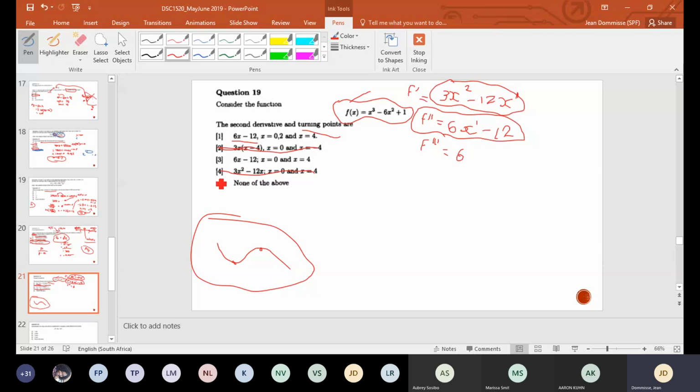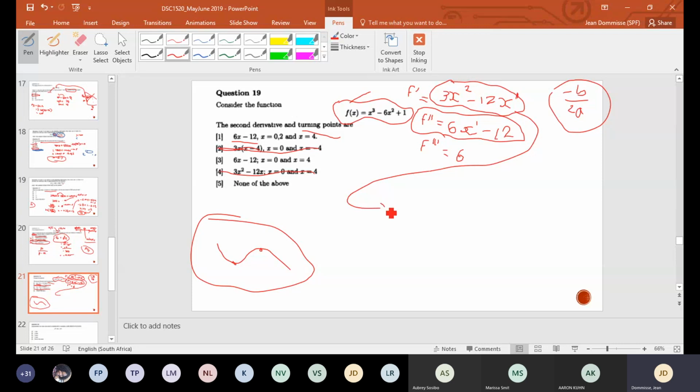Okay, because I now wanted to say to you, when we look at the quadratic, there is this formula as well to work out the turning point. But remember, your original equation is cubic. So with the first derivative, you will need to solve.